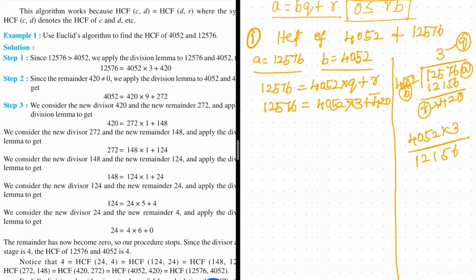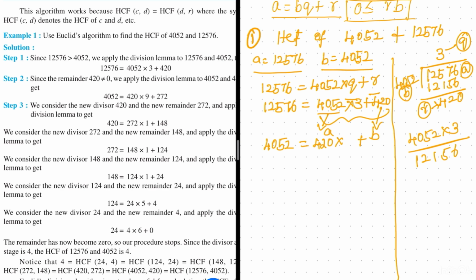Again, we have to consider the larger one of the RHS as A and the smaller one as B, and repeat the same procedure. So in the second step, A is nothing but 4052 and B is nothing but 420, into how many times plus what?